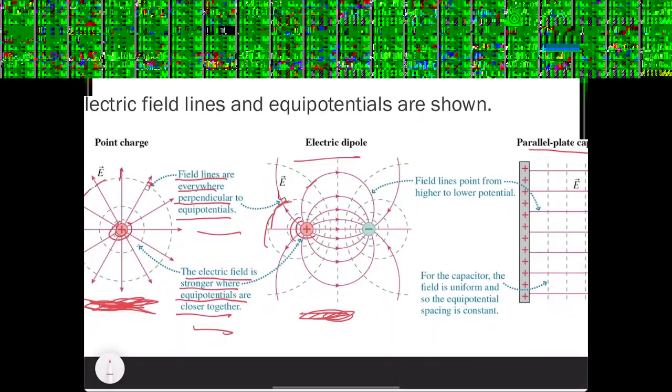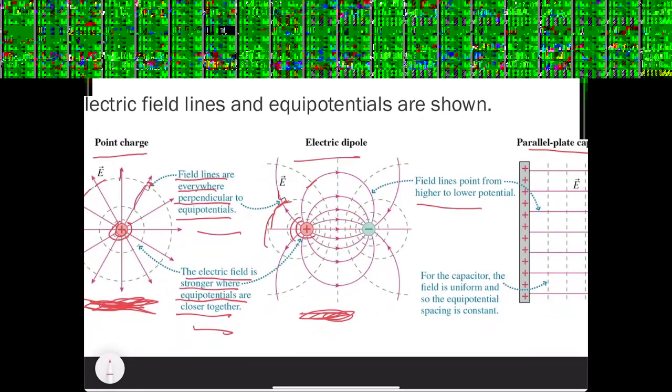Sorry, I made a mistake. This one also applies to the point charge, because the field lines, you can see the red lines, point from higher to lower potential. This is lower potential. You can see it is because it is lost.